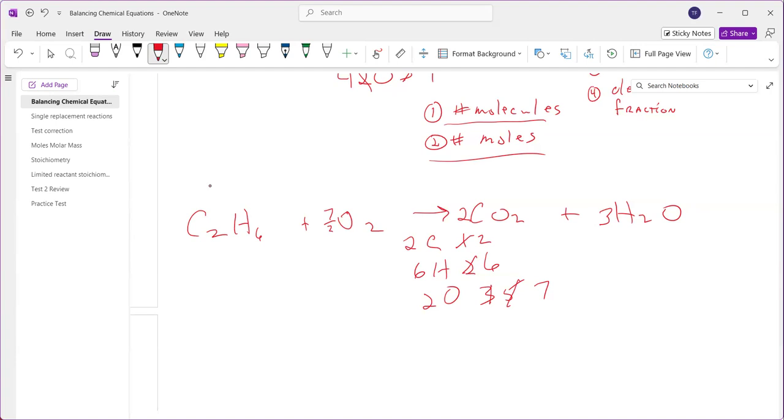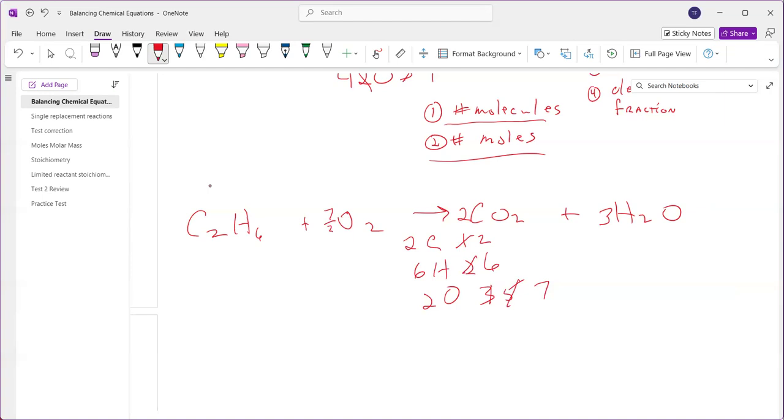So it's 2, 2, 2. That's what this says, 3 waters. Does that make sense why it's 6? Yeah. Each one's 2. We got 3. So you don't add, you multiply. 3 times 2.